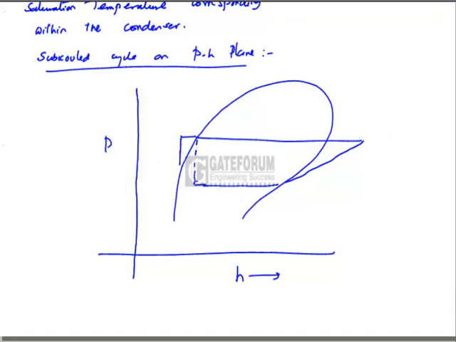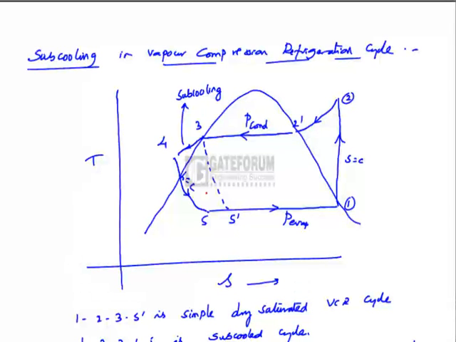This is subcooled. 1, 2, 2 dash, 3, 4, 5. This is 5 dash. This is subcooling done in the liquid zone. 3 to 4 is subcooling. 4 to 5 is expansion or throttling, where enthalpy remains constant. This is the representation of the subcooled cycle on the pressure enthalpy diagram or pH plane.